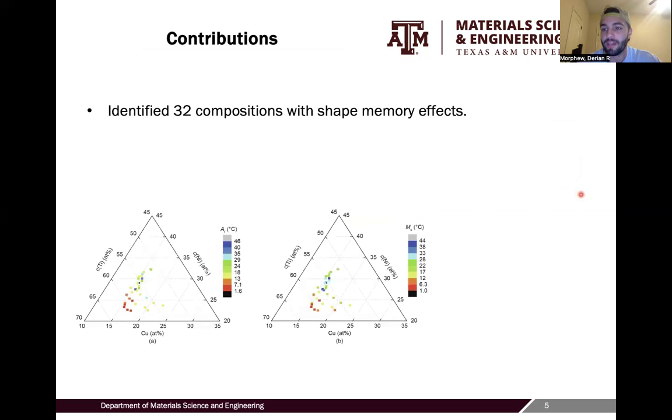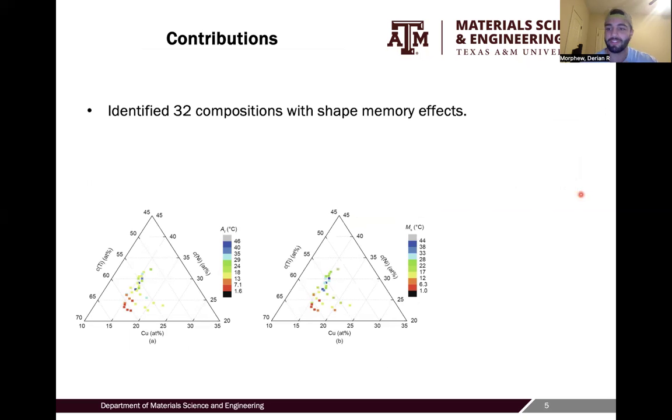And so in the end, the new information that was learned from this paper and research was, first, in this quaternary system, this nickel, titanium, copper, vanadium system, they identified 32 compositions with shape memory effects.